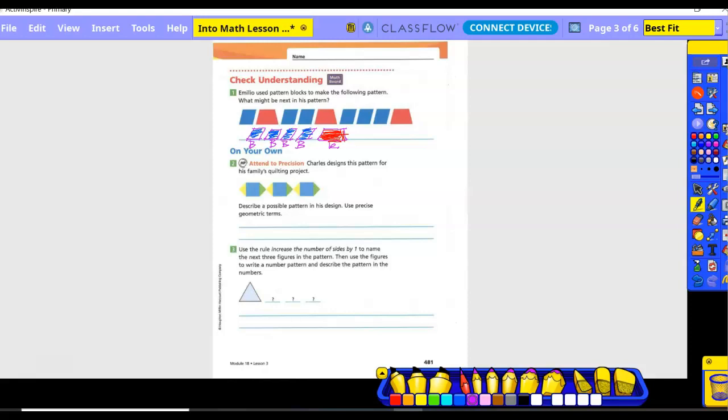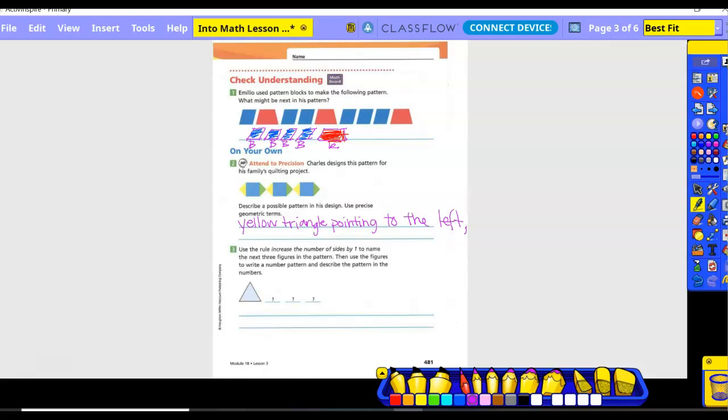Okay, so describe a possible pattern in his design using precise geometric terms. So did we just say that? So what? Yellow triangle doing what? Pointing to the left. Okay. Then a what?